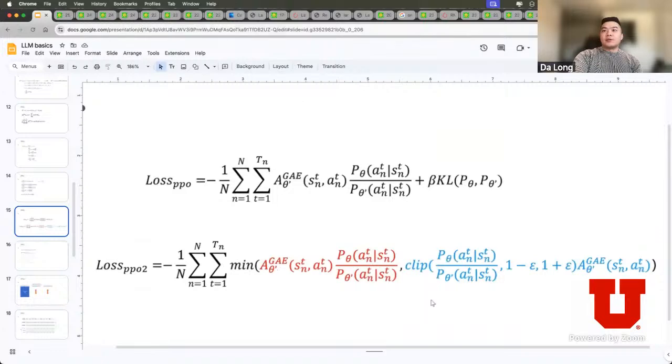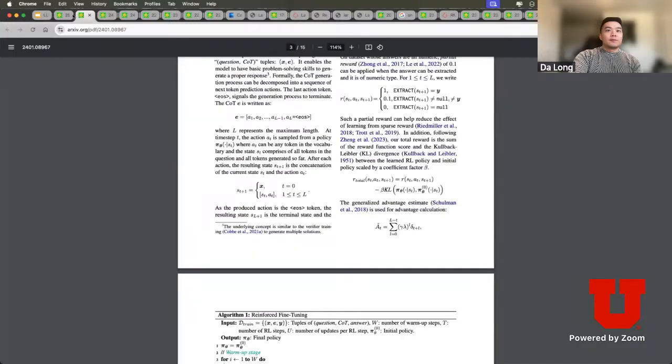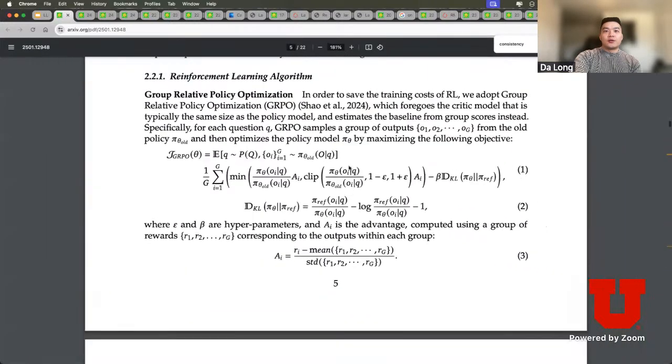But in this paper, they don't need to learn a value model. So for the advantage, for example, for question Q, they sample a group of outputs, right?